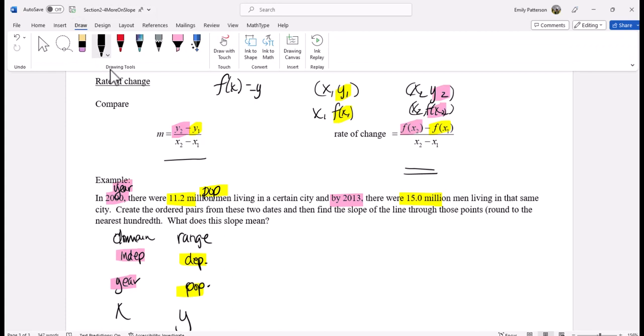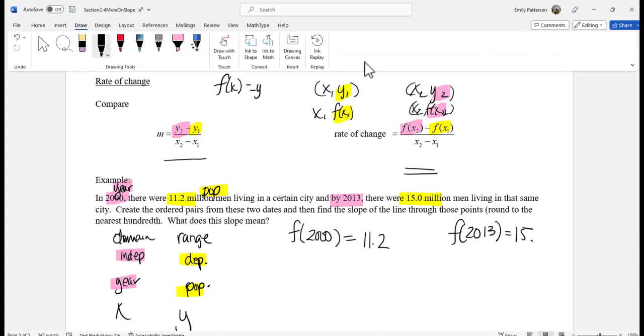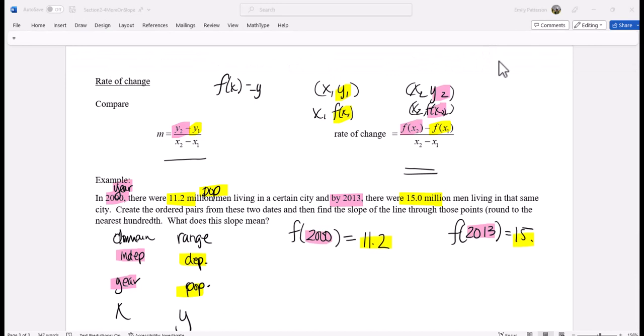The population function at the year 2000 is equal to 11.2 million. The function value at 2013 is going to be 15 million. And again, this is my x in the pink, and the yellow is going to be my y.